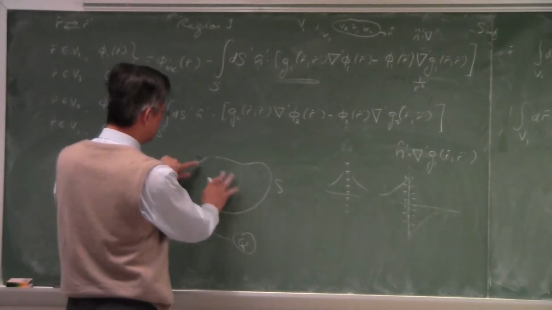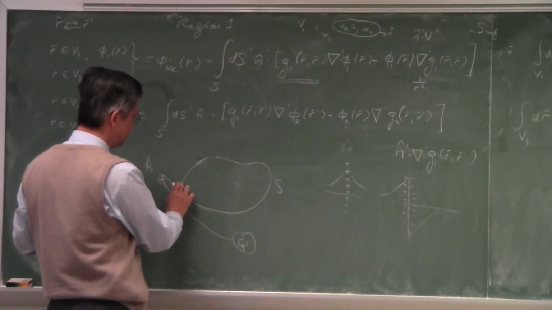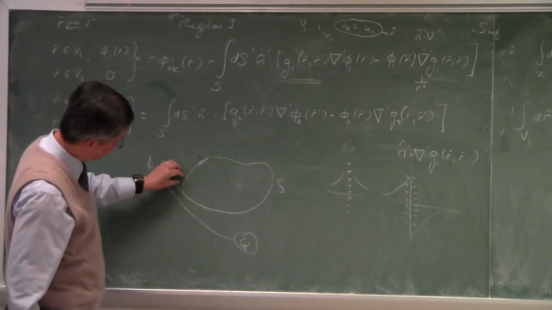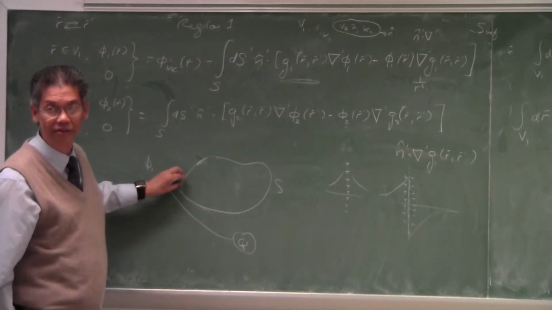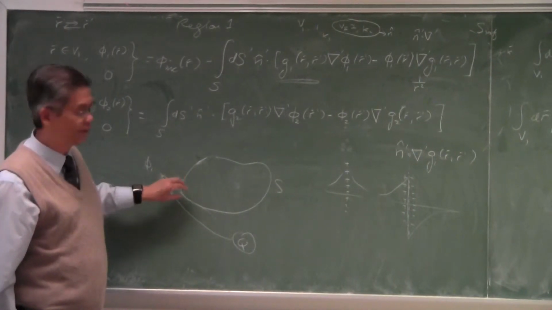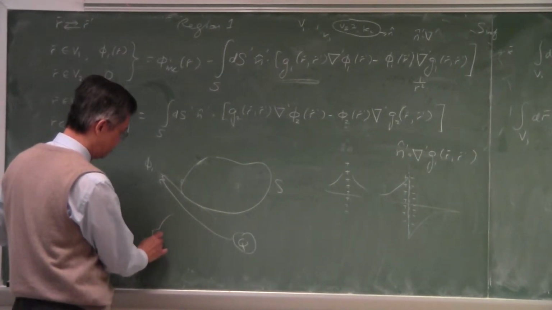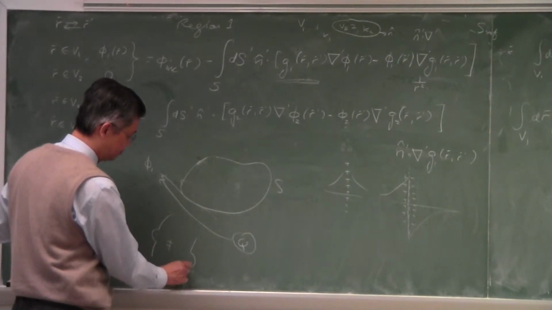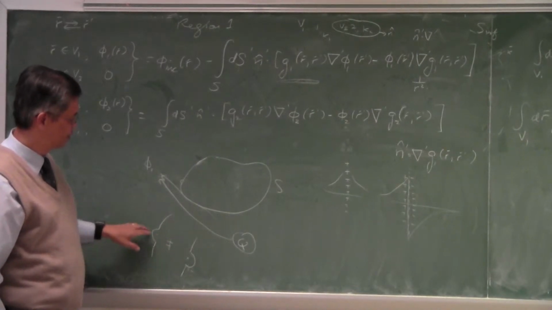If you're in region 2, and you're very close to the surface, it's better to detour the surface in this manner, and then let the deformed surface shrink to 0. You find that this value is actually different from this value, depending on whether you're inside the surface or outside the surface.